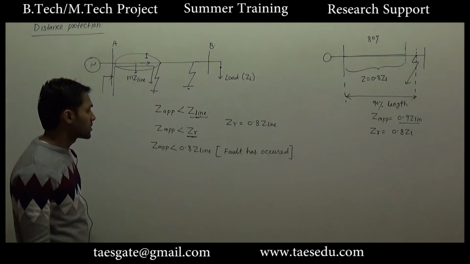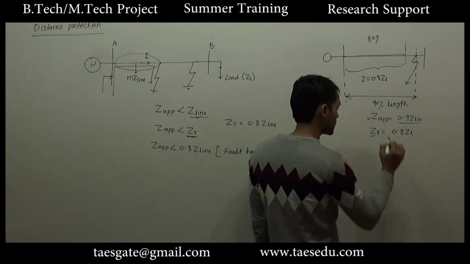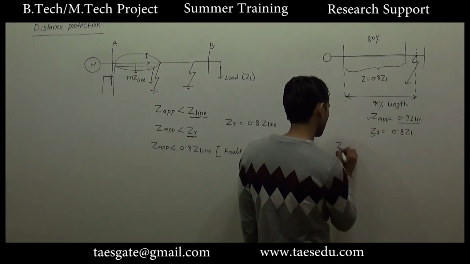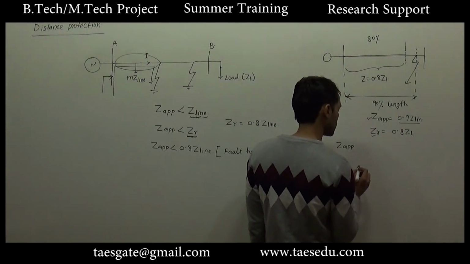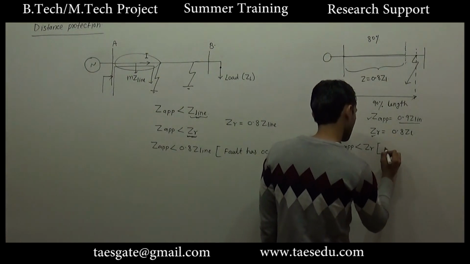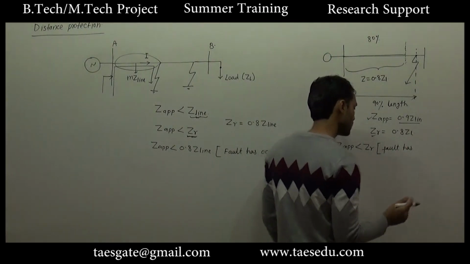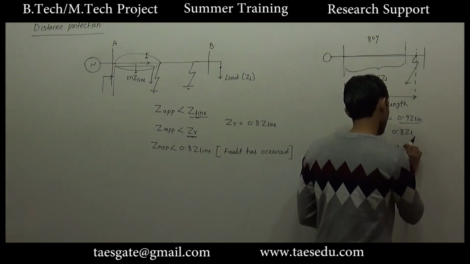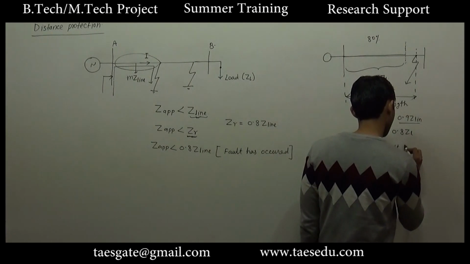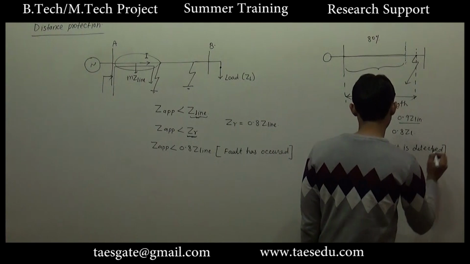Now for the detection of fault, apparent impedance and reference impedance are compared. If apparent impedance is less than reference impedance, we will say the fault has occurred, or the fault will be detected. The relay will operate.